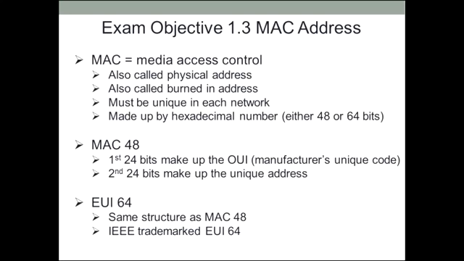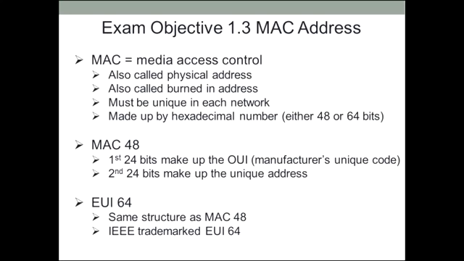Now, in the MAC 48, which until recently has been the standard, the first 24 bits make up the OUI. That's the Organizational Unique Identifier, is what OUI stands for, and that's the manufacturer's code. The manufacturer is assigned, or was assigned, those 24 bits of data from the IEEE.